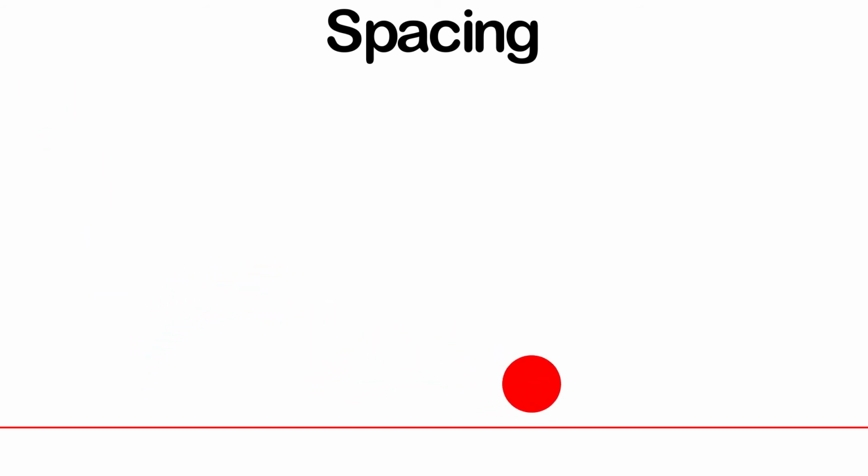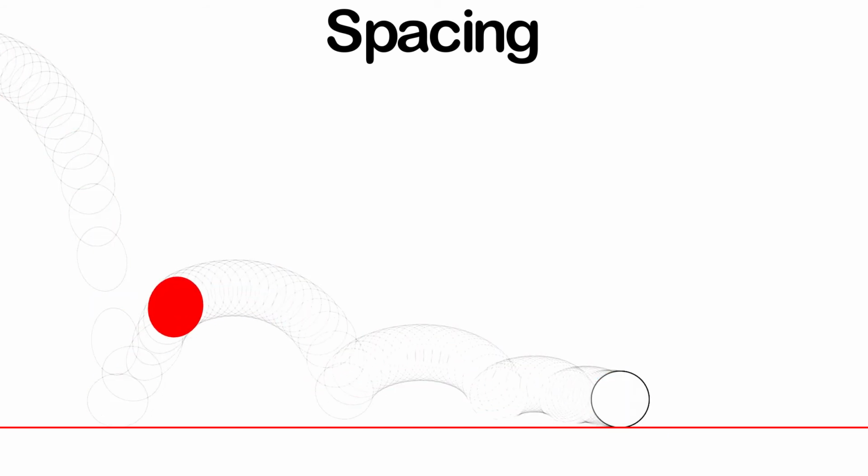Here we can see that if we observe the in-between frames, at the points of the arc where the ball should be at its slowest speed, the distance between the in-between frames is minimum.